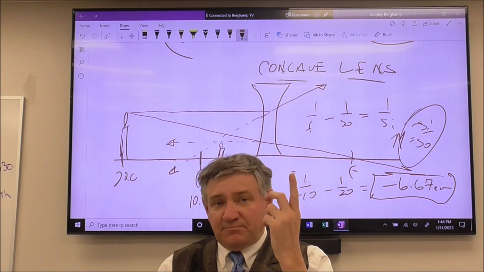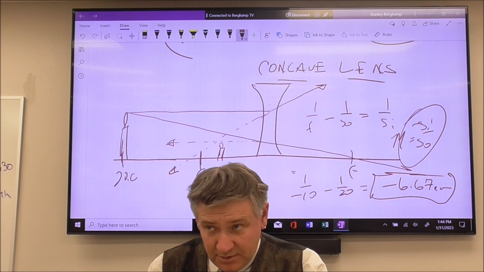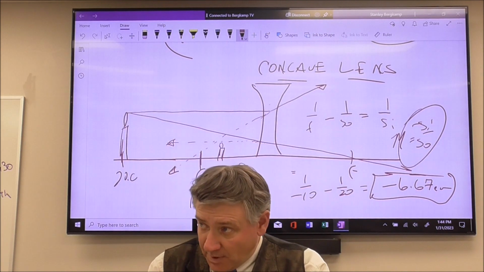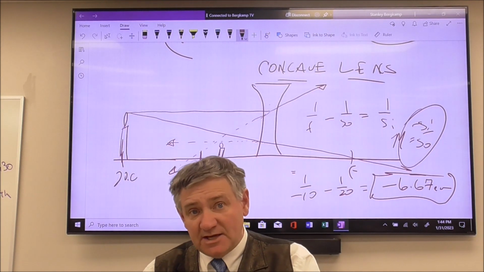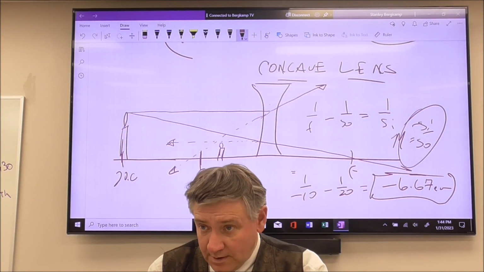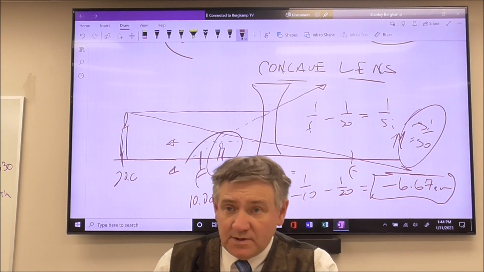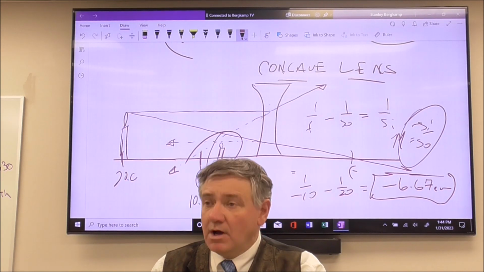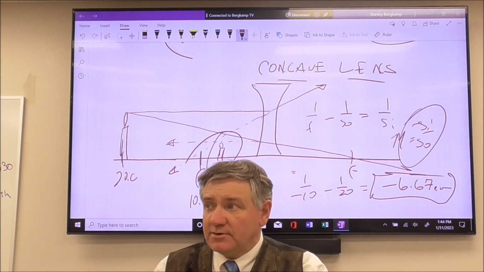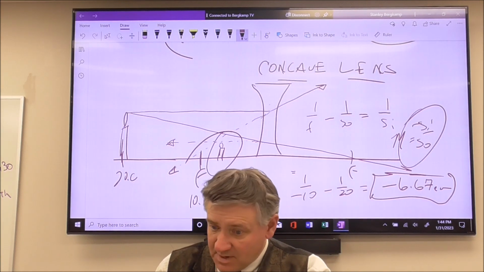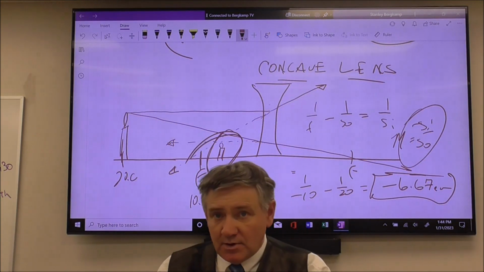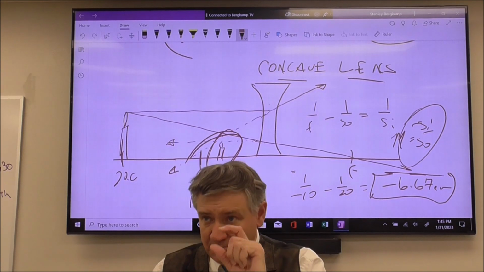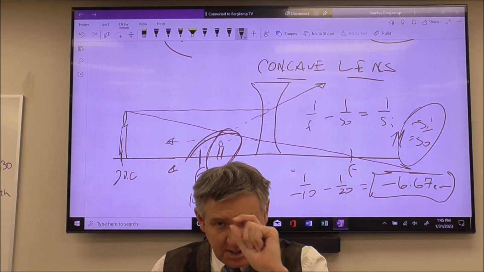My magnification better work out to be a positive value because it's upright, and my magnification better be less than 1 because what I'm producing is a small upright virtual image. And that's what's going to happen right there. So that would appear as a tiny little floating candle.